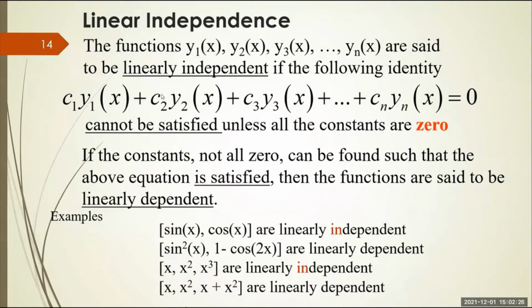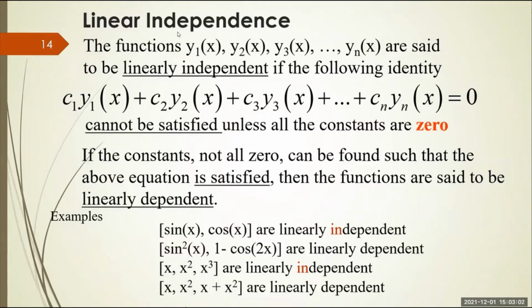For linear independence, the functions y1 of x, y2 of x, y3 of x and so on are said to be linearly independent if the following identity cannot be satisfied unless all the constants are 0. So this is the identity. Just like in the superposition, c1y1 plus c2y2 plus c3y3 and so on until you reach cn yn of x is equal to 0.